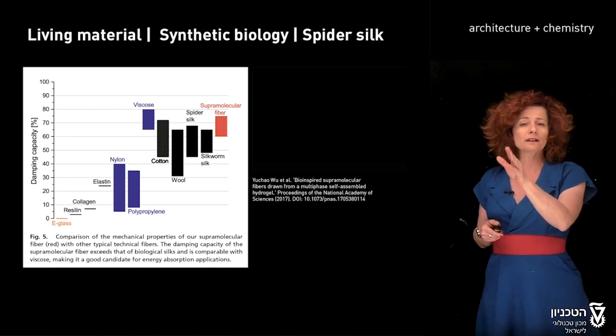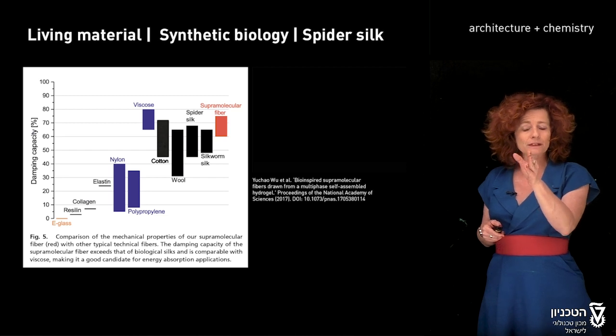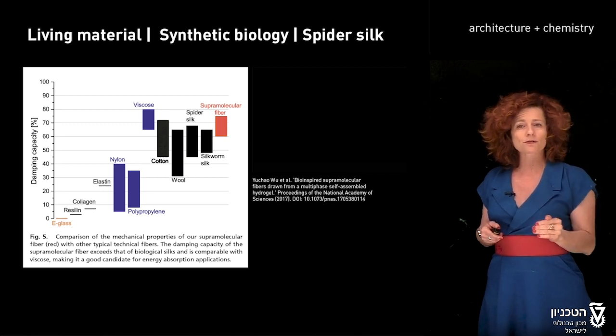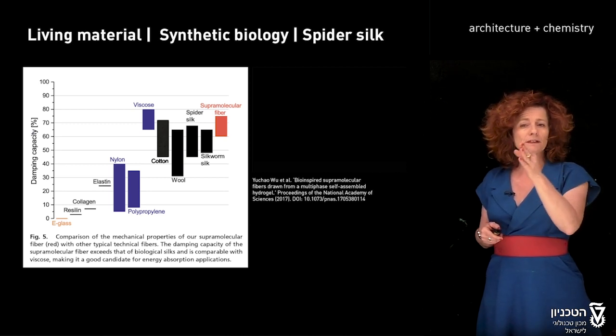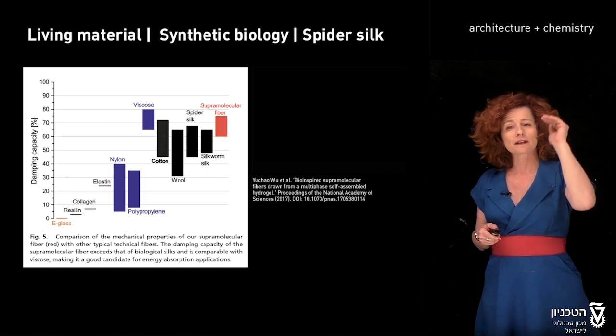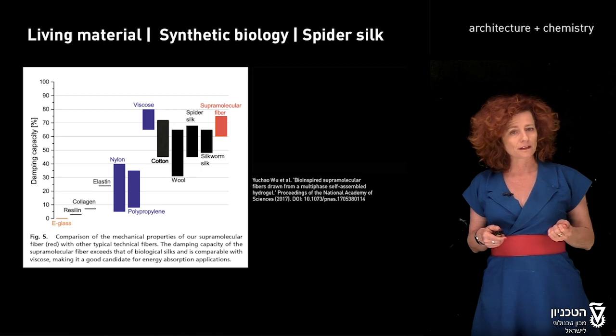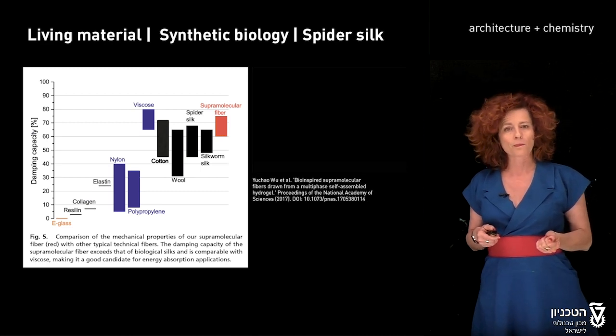You see here the supramolecular fiber is compared first to natural spider silk, and it even goes above and beyond the natural spider silk. And if you compare it to nylon, for example, it is way above as well. So, high properties of energy dissipation.